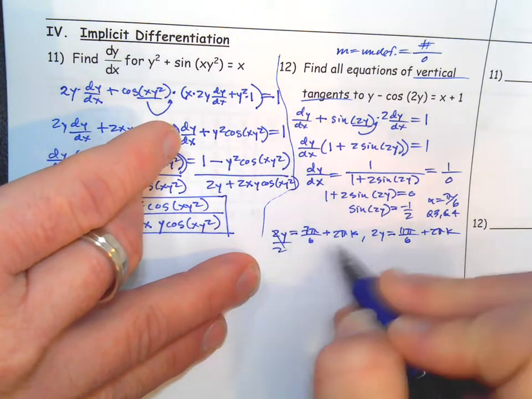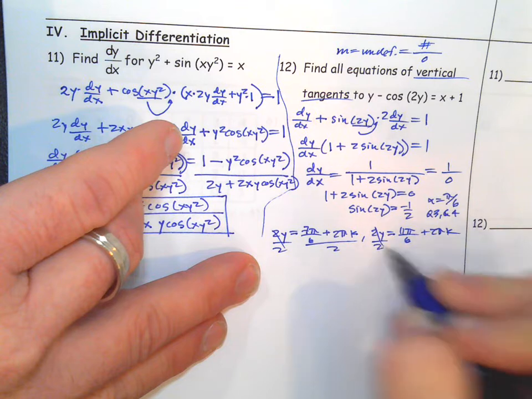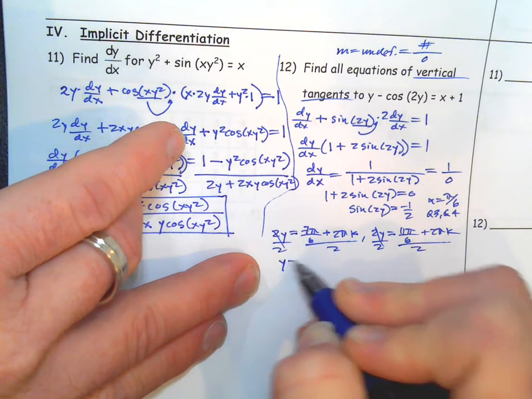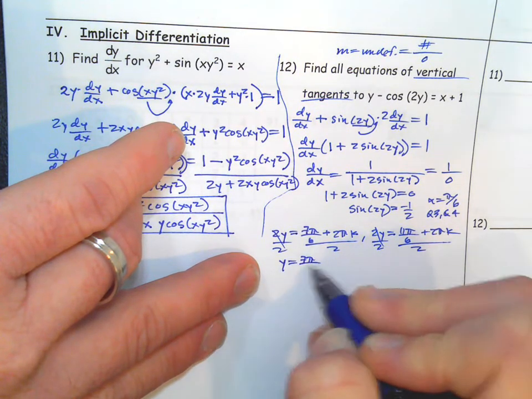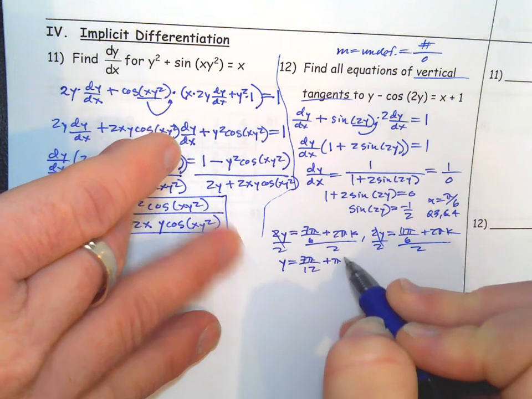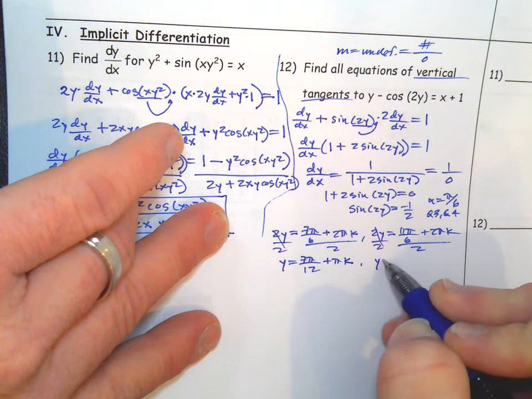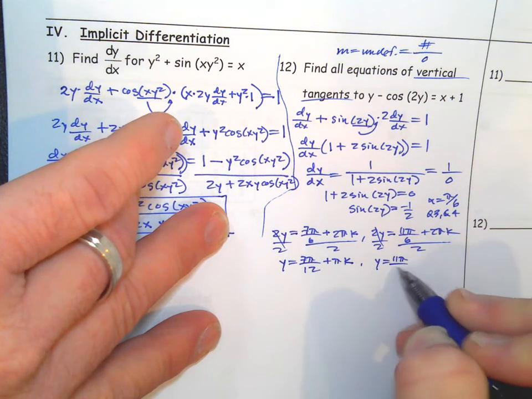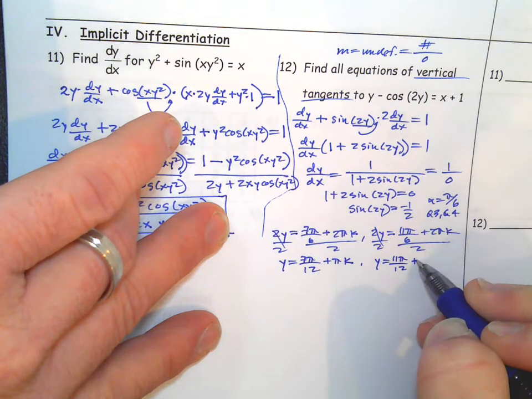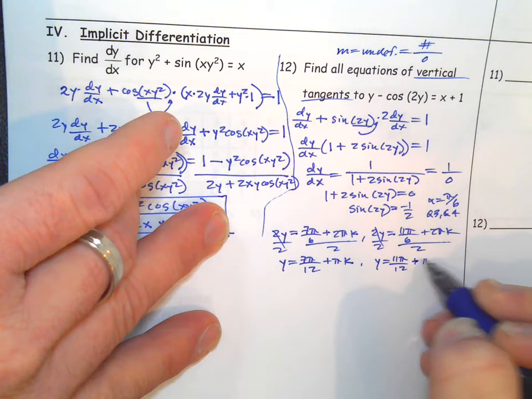And we divide by 2. Get y equals 7 pi over 12 plus pi k, and y equals 11 pi over 12 plus pi k.